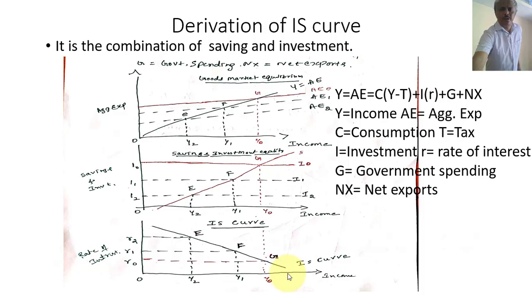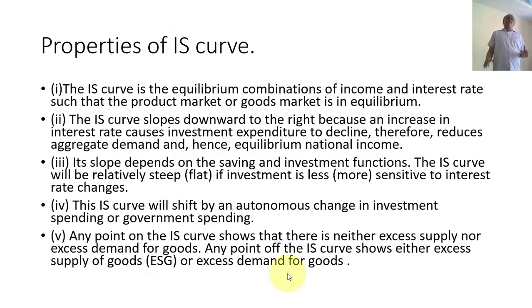Next point, properties of the IS curve. What are the properties of this IS curve? The IS curve is the equilibrium combination of income and interest rate. So, as all of us know, the IS curve is the equilibrium combination of income and interest rate in the goods market.